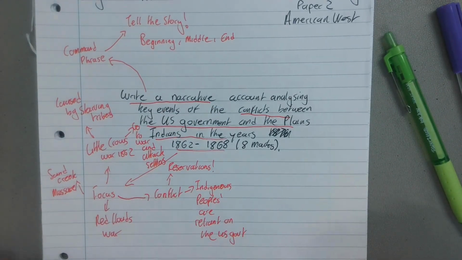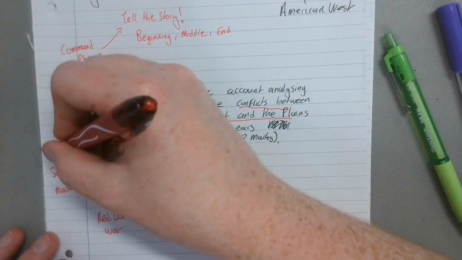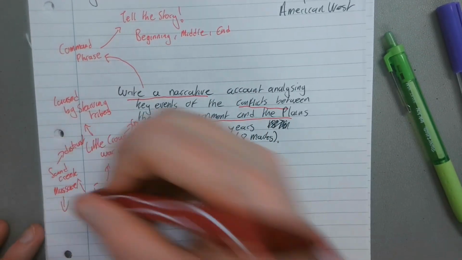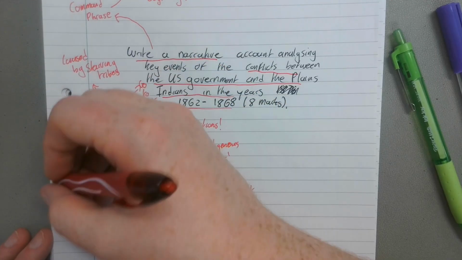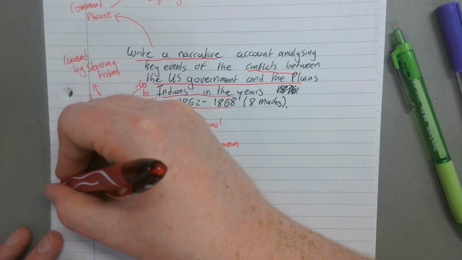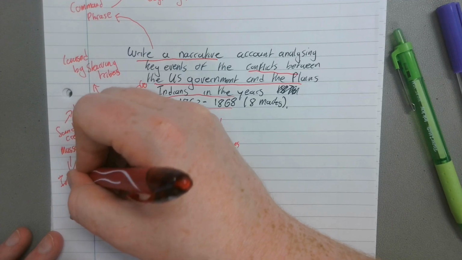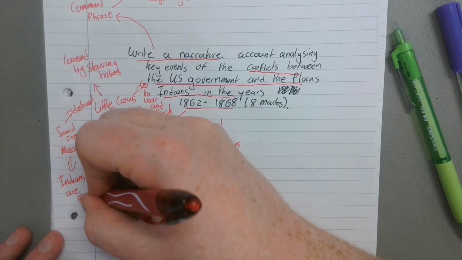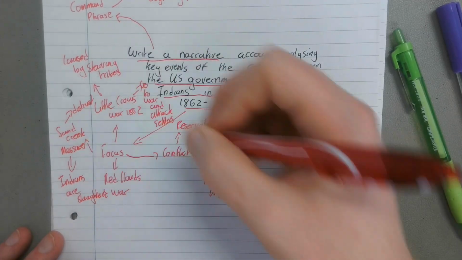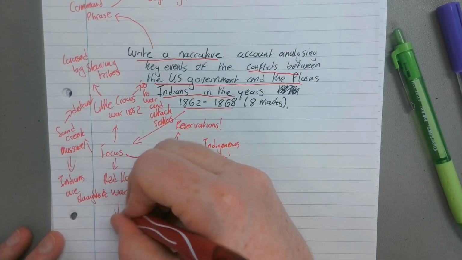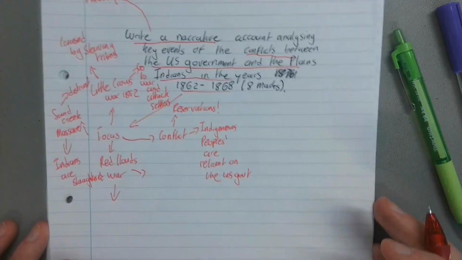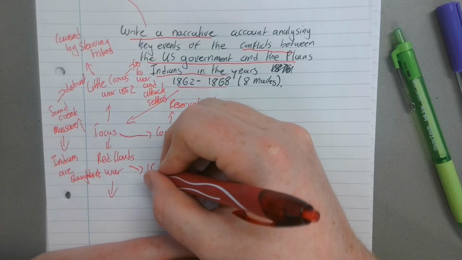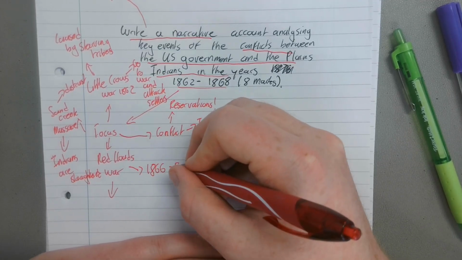We then have this element of distrust where you've got the Sand Creek Massacre where Indians are slaughtered, which culminates finally, all of this conflict finally culminates in Red Cloud's War of 1866 to 68.